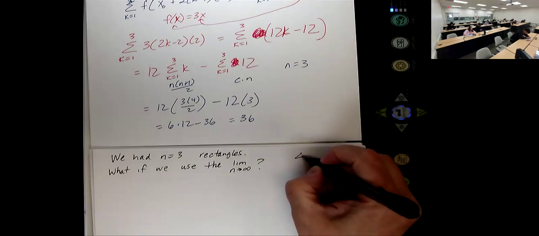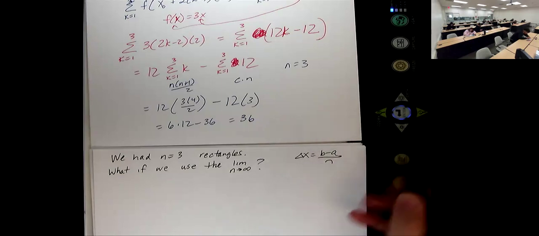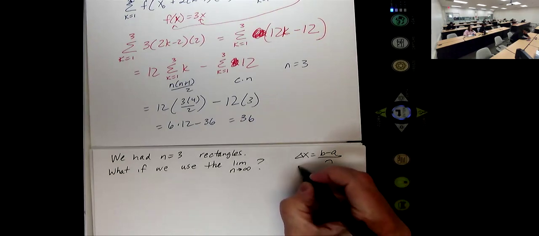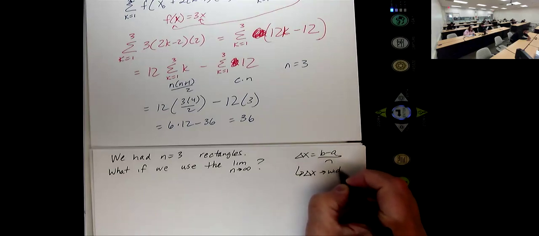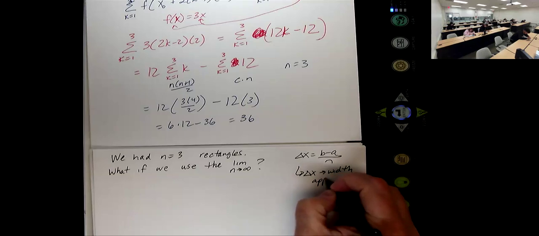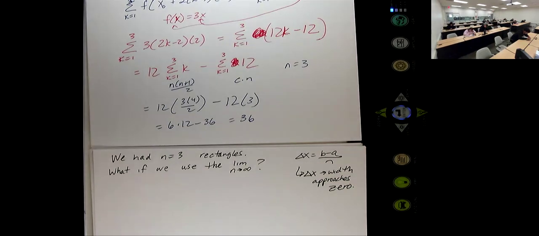We have our delta x is b minus a over n, which means delta x, the width, approaches 0. We have infinity on the bottom, it approaches 0. But we get a good approximation and we can do the limit stuff.